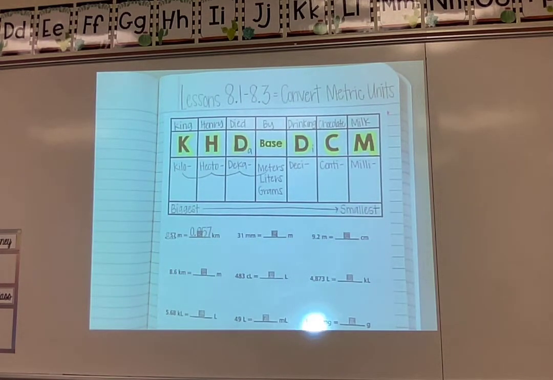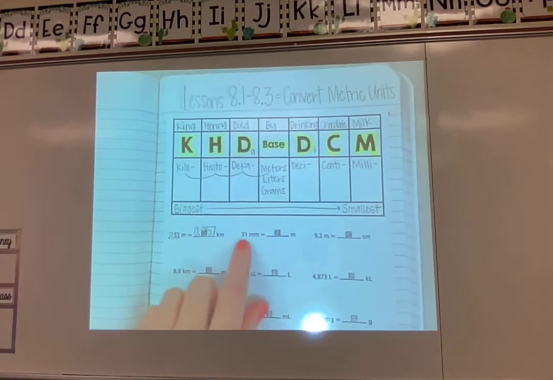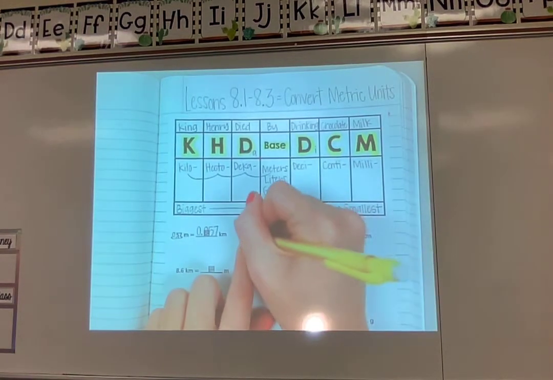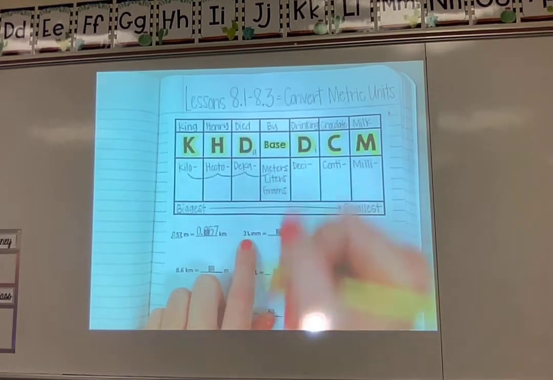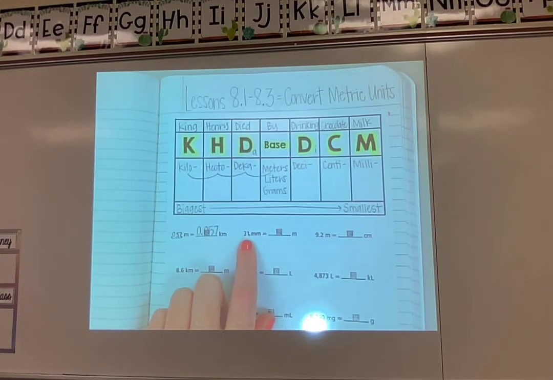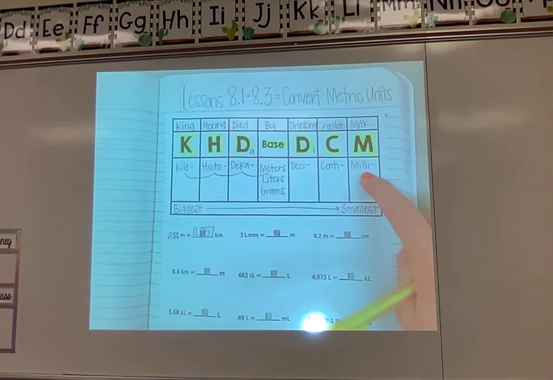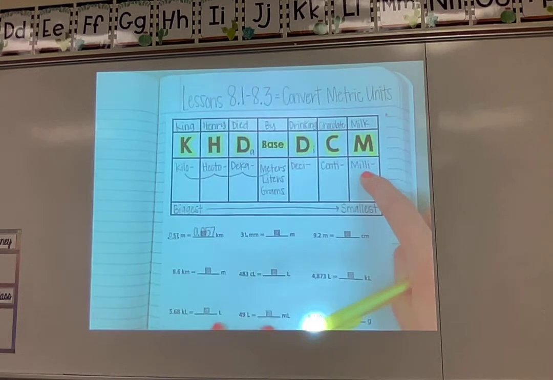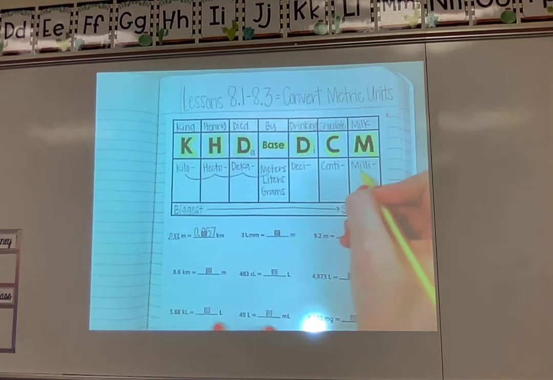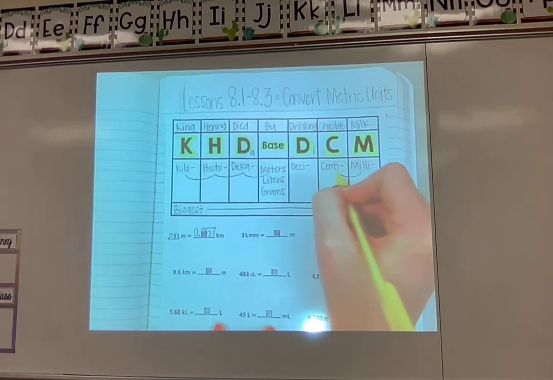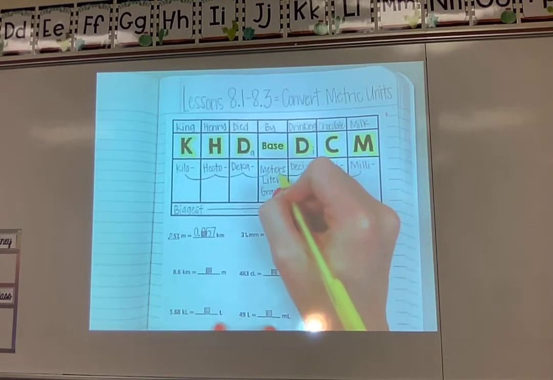Let's do a few more and you'll get the hang of it. So I have 31. I'm going to go ahead and add my decimal because now I know I'm going to be moving that decimal. So let's just put it there at the back. We are starting at millimeters, so put your finger there. And we are going to meters. So start at millimeters and we have to hop to meters. 1, 2, 3 hops.